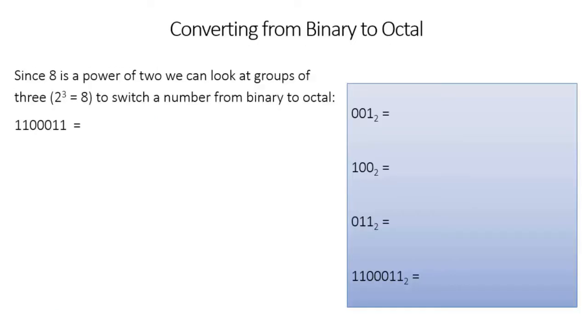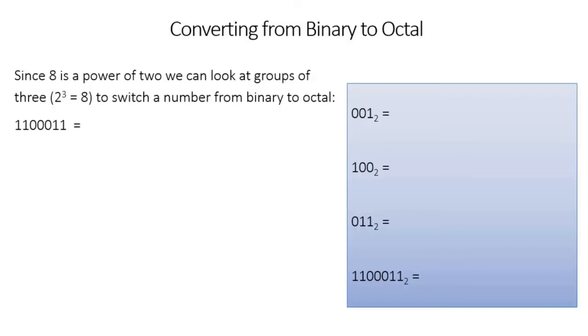Since octal is a power of 2, specifically since 2 to the power of 3 is equal to 8, we can convert binary to octal by grouping our binary number in groups of 3, in groups of 3 place values or groups of 3 bits.